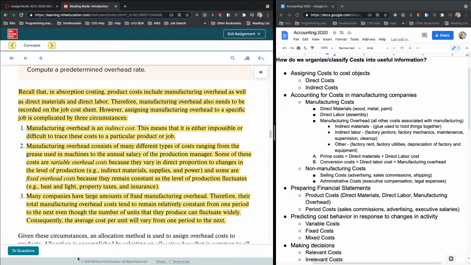So if you have a high variable cost and a low fixed cost, no matter if you sell less or more products in a month or a year, your fluctuation is going to be very little.